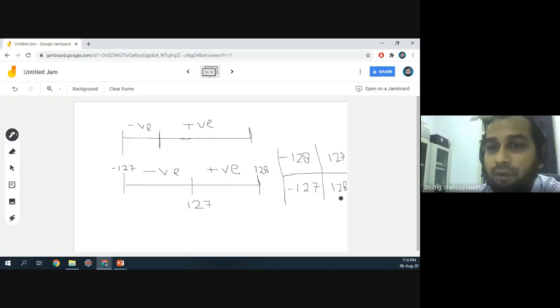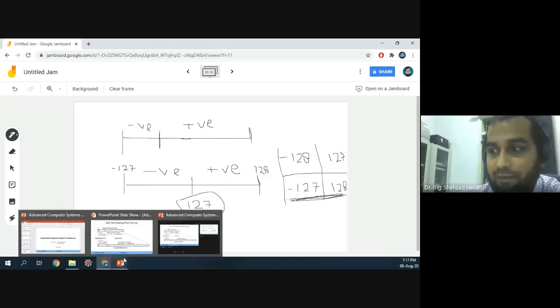Here we are going to have one more positive number than negative numbers. When we see the IEEE 754 format, it goes with a bias value of 127, so there are going to be more positive numbers than negative numbers in the exponent. Okay, so I'm going to come back to that slide.